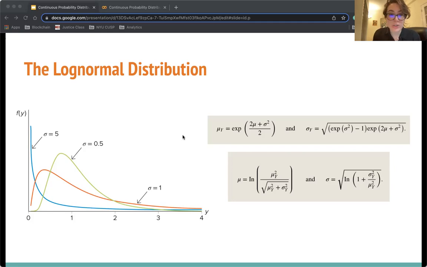The summary measures for the log normal distribution can be found here. We won't go into the equations too much, but it's interesting to just see the similarity to the mean and standard deviation of the normal distribution for a natural log normal value of y, which can be derived using a very similar version of the formulas. So let's go through some examples for how we would calculate.